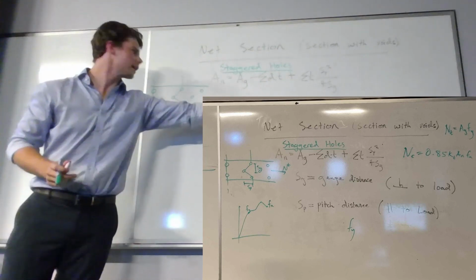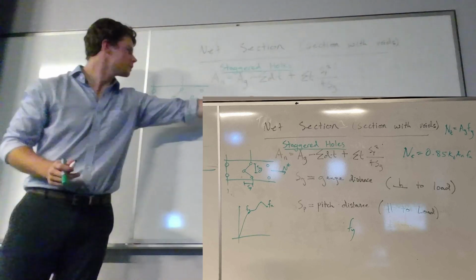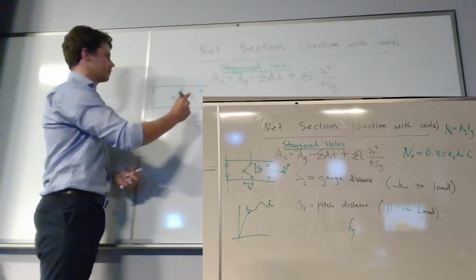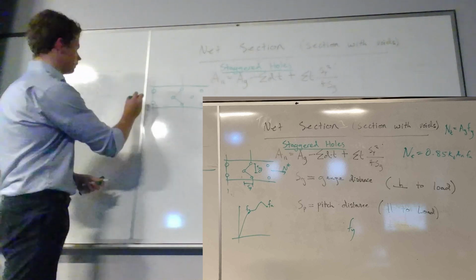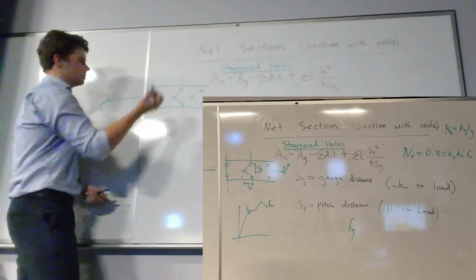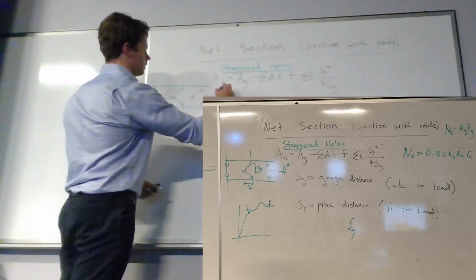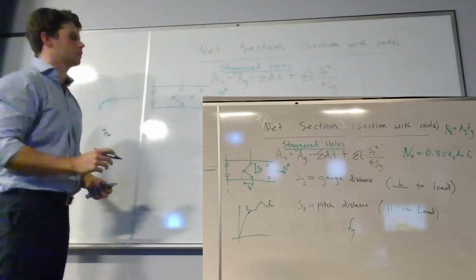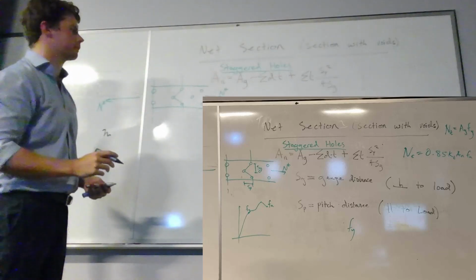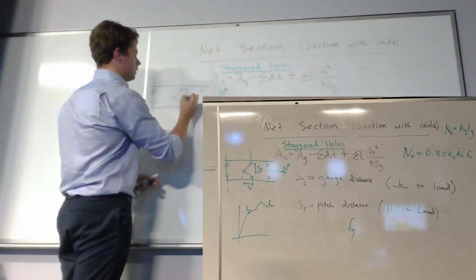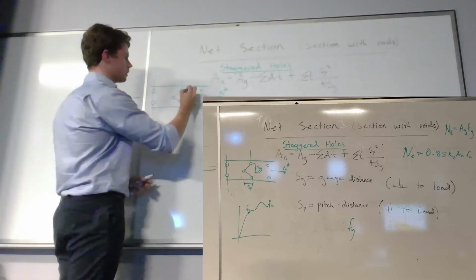SP is perpendicular to your load. Say this is a tension member, so you have force going this way or that way, whichever way. That's going to be the perpendicular to the load, so that's your SG right there.